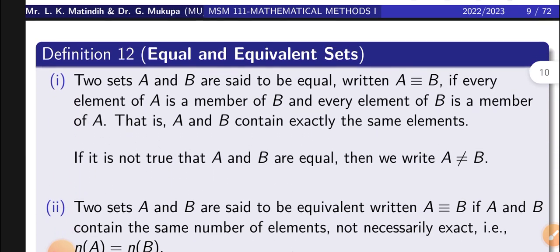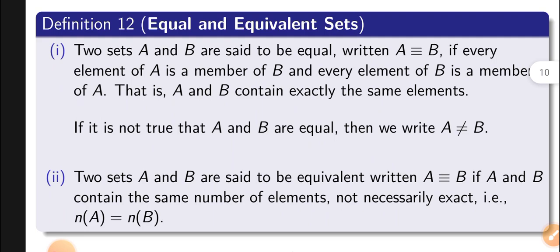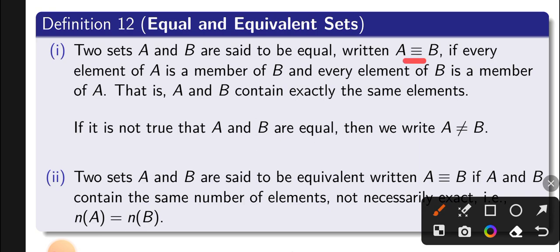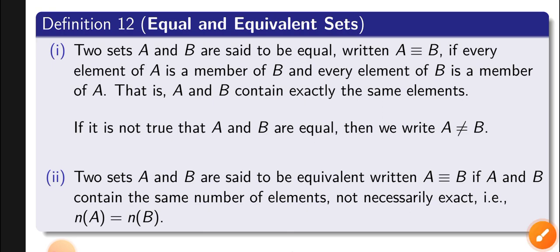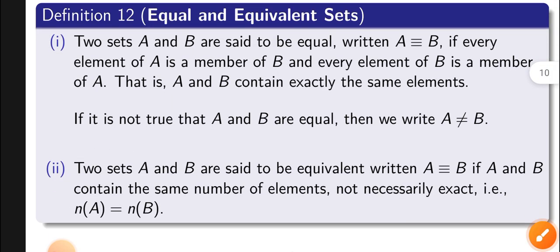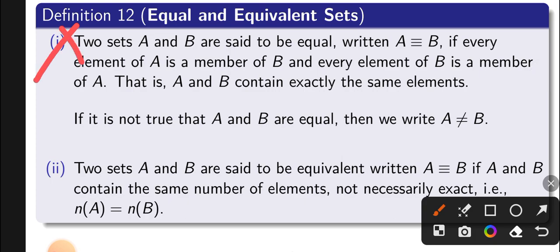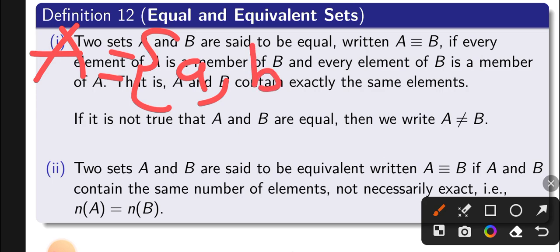So don't be confused. Now, equal and equivalent sets. Two sets A and B are said to be equal, written with this symbol, if every element of A is a member of B and every member of B is a member of A. Let me give an example. Say this is my set A = {a, b, c, d, e, f}.